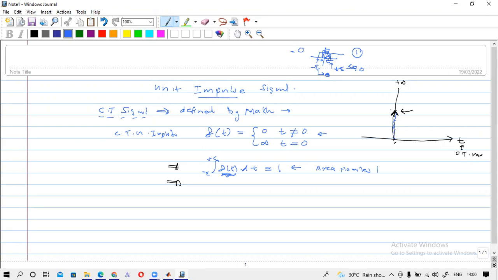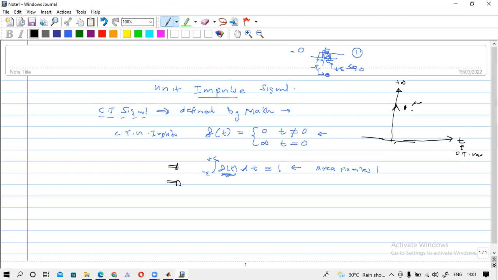Sometimes we put 1 here. If we put 1, what you understand is that the point is not 1; the point is going to infinity. What does this 1 mean? It is the area of this impulse. This is for the continuous time signal. This is not very relevant to your question, but I think it is better to have an idea.